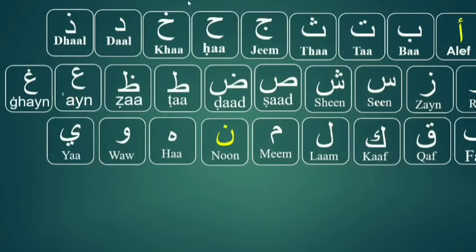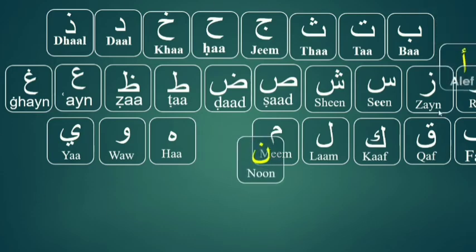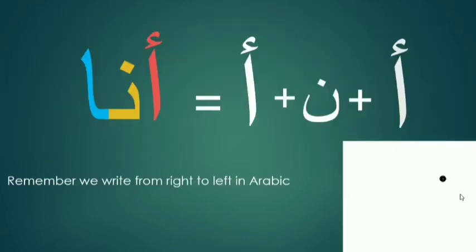So these are our letters. We have learned today two letters, which are Alif and Noon, and we have learned a new word, which is ana, which contains three letters: Alif plus Noon plus Alif.